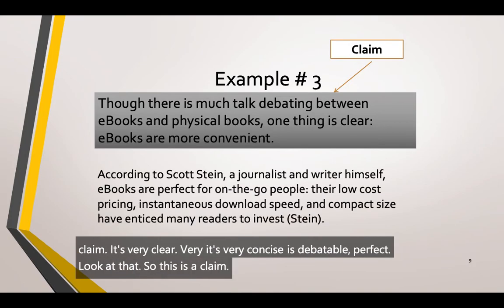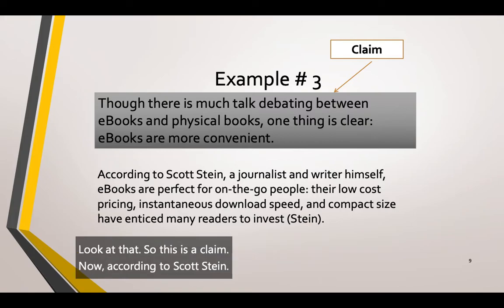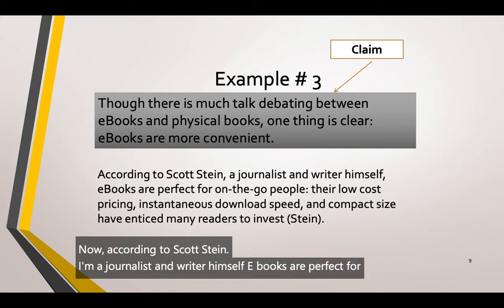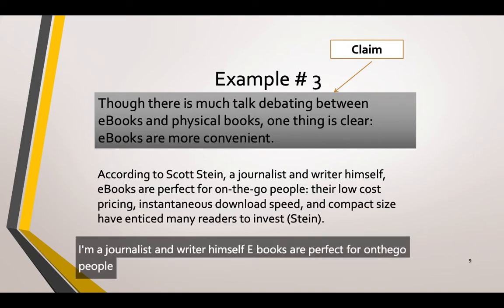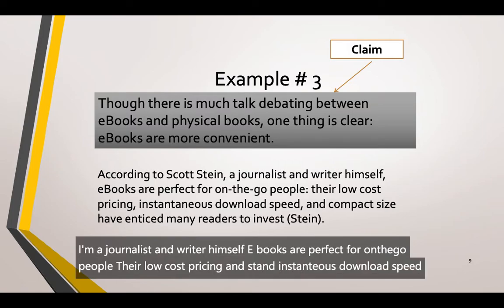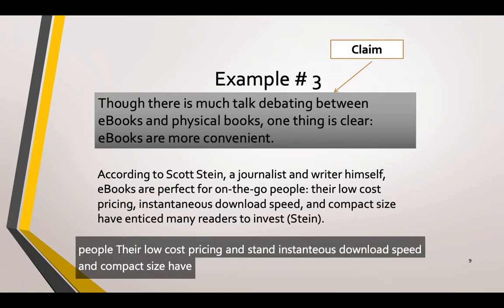Now, according to Scott Stein, a journalist and writer himself, ebooks are perfect for on-the-go people. Their low-cost pricing, instantaneous download speed, and compact size have enticed many readers to invest.